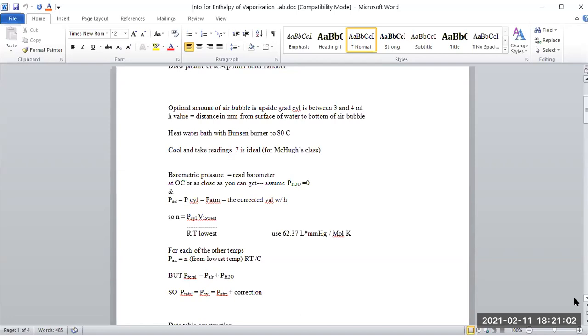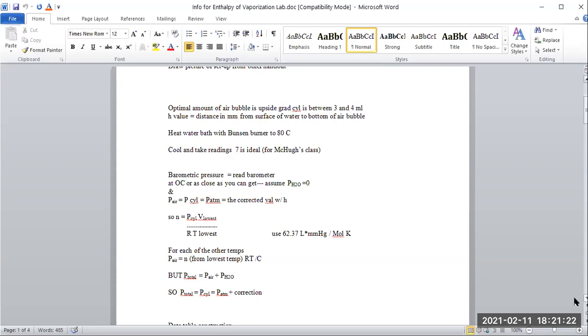You have to have an H value that you measure with a ruler, in millimeters. What you do is hold the ruler up to the beaker in which your upside down graduated cylinder is submerged, and you measure this.